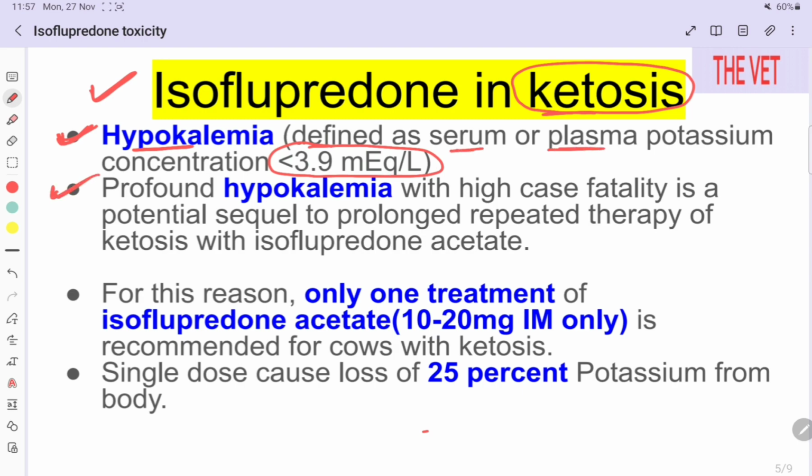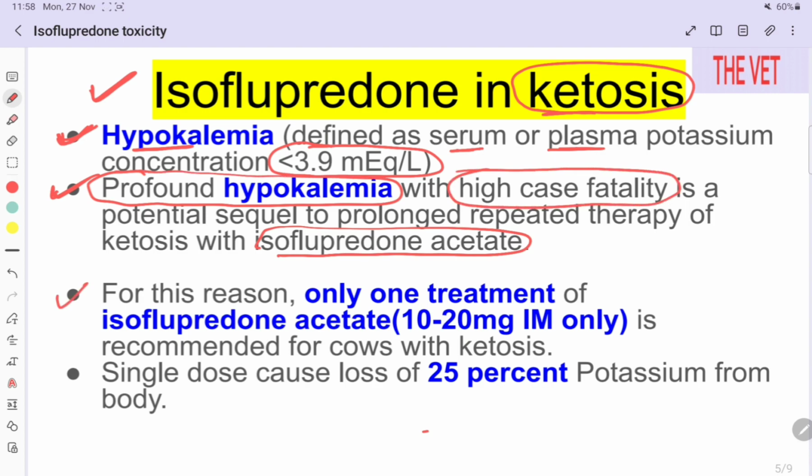If we use higher doses of isoflupredone acetate, it can result in profound hypokalemia, which also has a high case fatality rate. So that is why only one treatment of isoflupredone acetate is recommended for ketosis, and the dose is 10 to 20 mg IM only. Even a single dose of isoflupredone acetate causes 25% loss of potassium from the body.